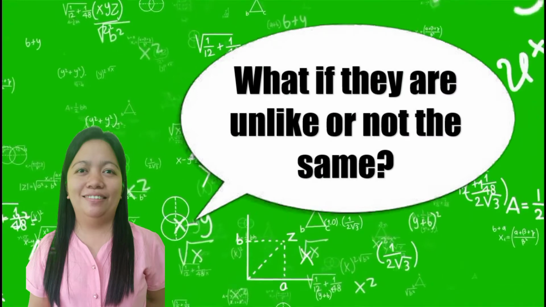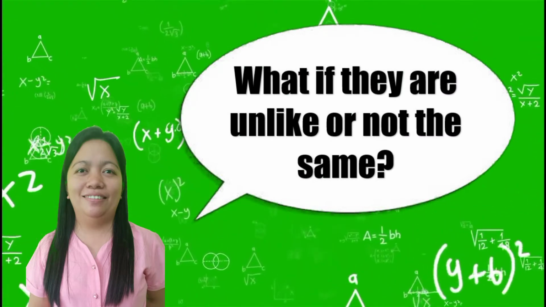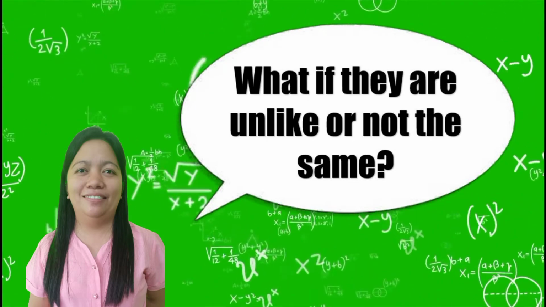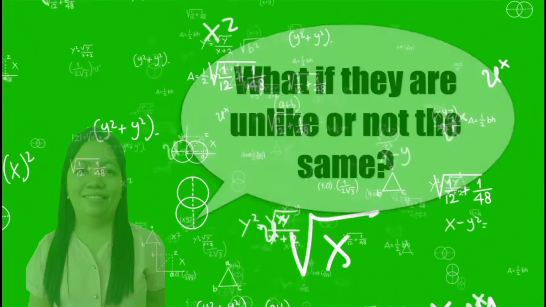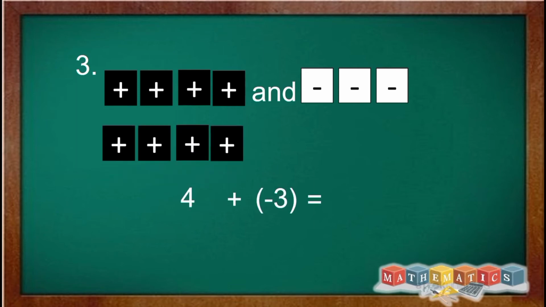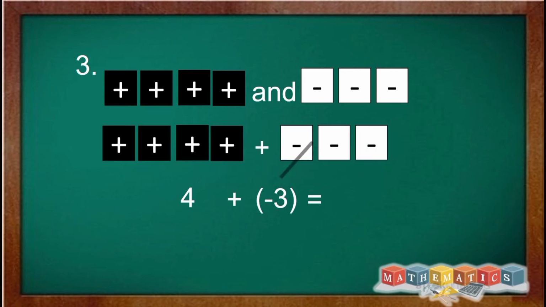What if they are unlike or not the same? What are we going to do? Okay, let us have an example. Combine 4 positive tiles and 3 negative tiles. Since the first 4 tiles are positive and the next 3 tiles are negative, the 3 positive and 3 negative tiles will cancel each other.